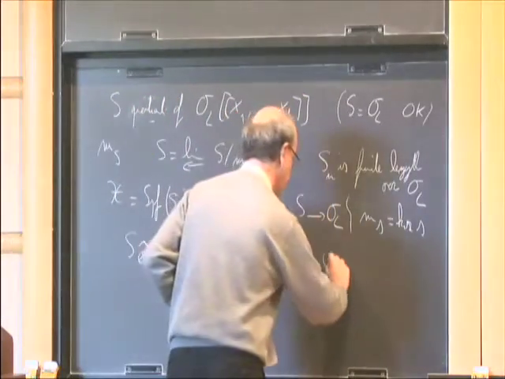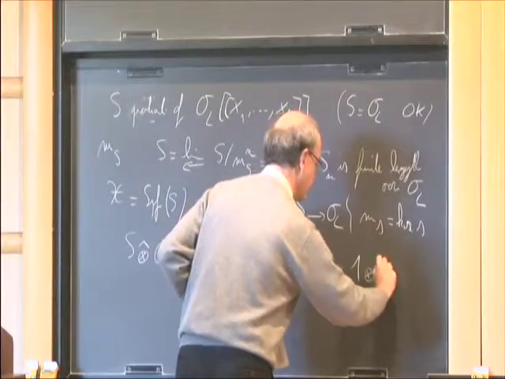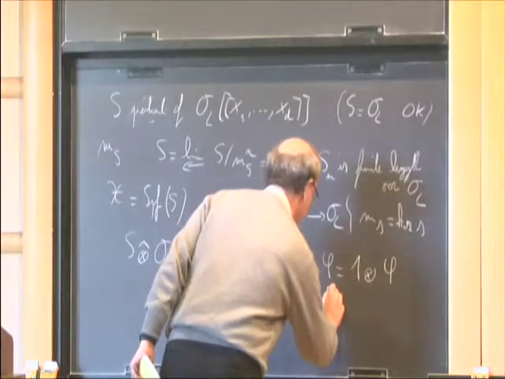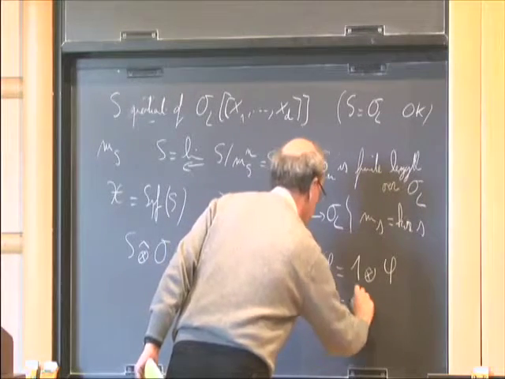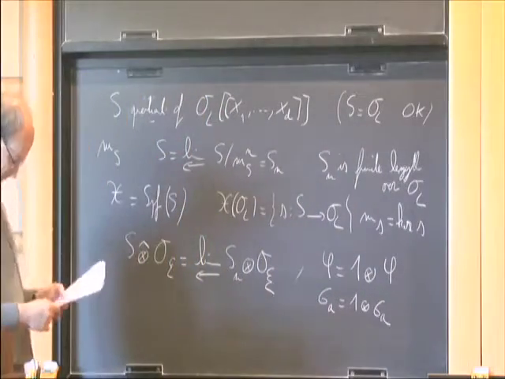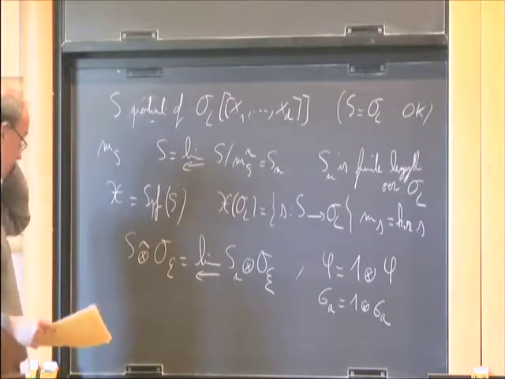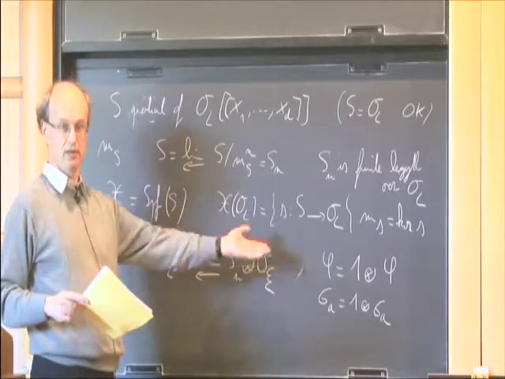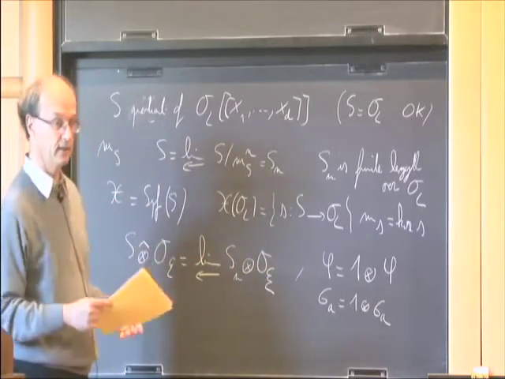So you define phi to be 1 tensor phi, and you define the action of gamma sigma A to be 1 tensor sigma A. Okay, and so now you have the notion of étale phi gamma module on this ring here.